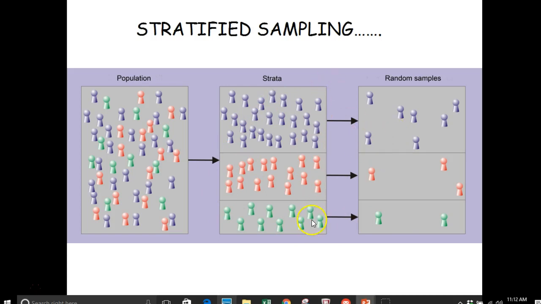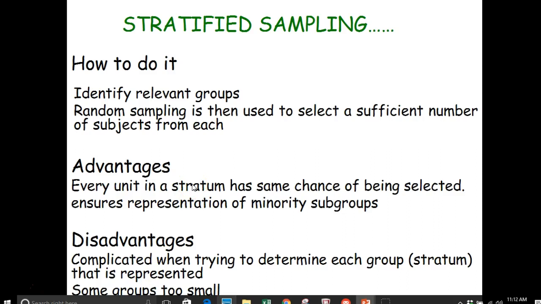Now, this would be for colored people, or in terms of these types of colors. I don't mean to simplify that word color. But in our case of a high school, we'd be breaking it up perhaps by grade level, so it would be 9th, 10th, 11th, and 12th grade, and we just randomly choose from that. So for a stratified sample, you just break them up into groups and you randomly pick them.